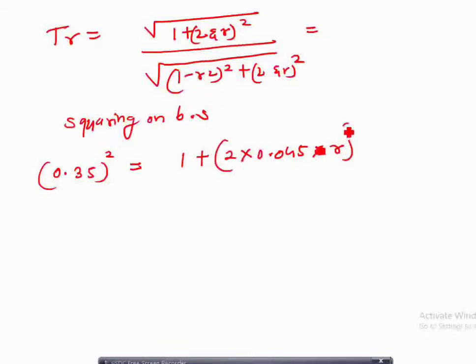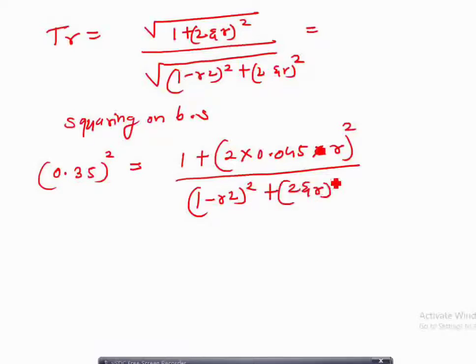So R is constant as it is, which we have to derive. 2 into 0.045 into R bracket square, divided by (1 minus R square) bracket square plus (2 zeta R) bracket square. Again 2 into 0.045 into R bracket square. So now you can cross multiply this.